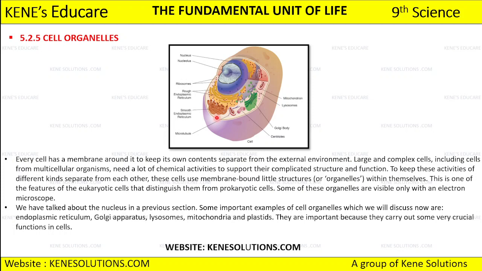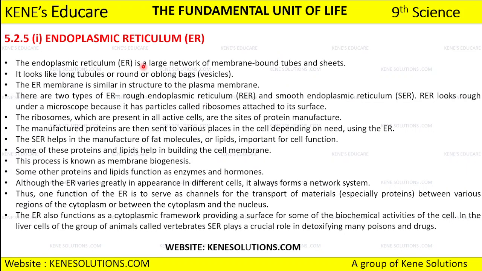The smooth endoplasmic reticulum appears like tubes, and the rough endoplasmic reticulum appears like sheets. That is why it is said that the endoplasmic reticulum has membrane bound tubes and sheets, because it looks like long tubules or round or oblong bags which are called vesicles, and that is the reason we call the endoplasmic reticulum a large network of membrane bound tubes and sheets.